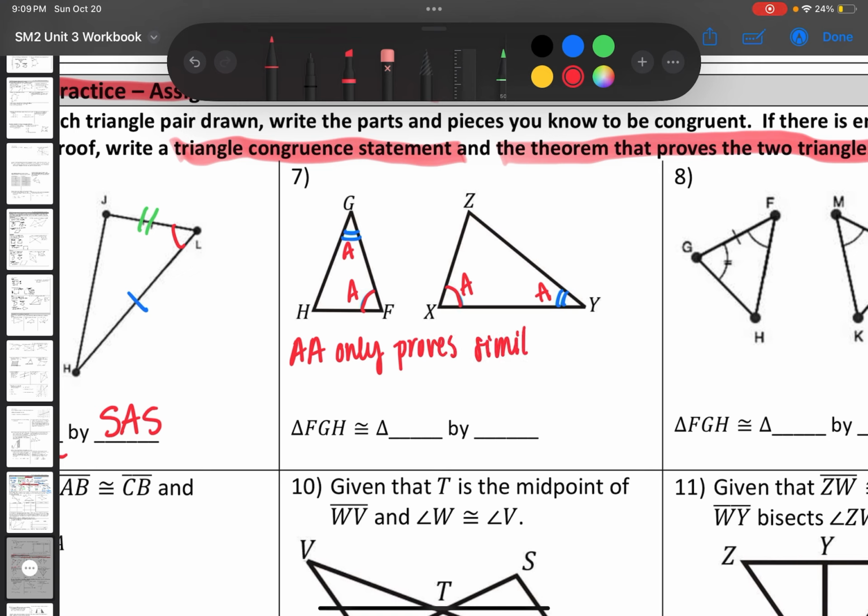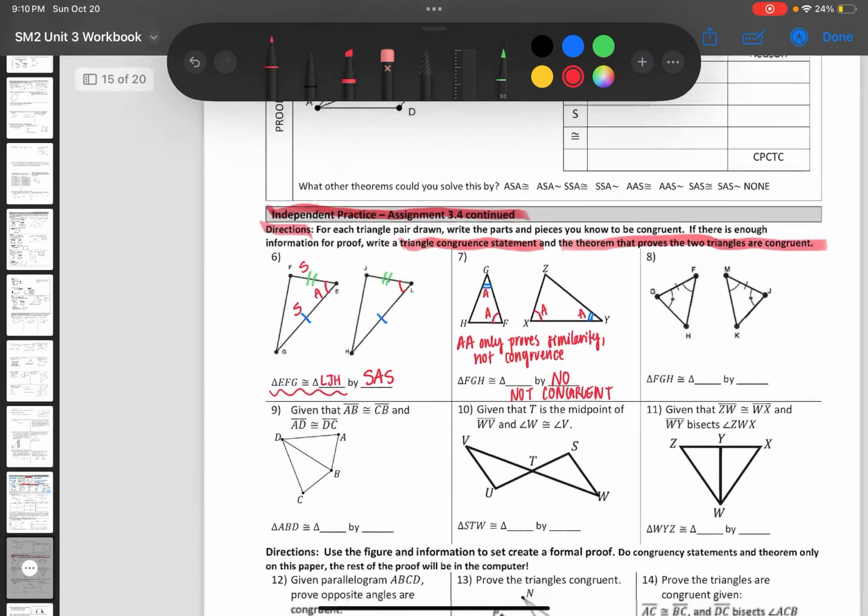So I actually cannot use this. In this problem, I don't have enough information to show that these two triangles are congruent. So I'm just going to write no, not congruent. And that's all for number 7.